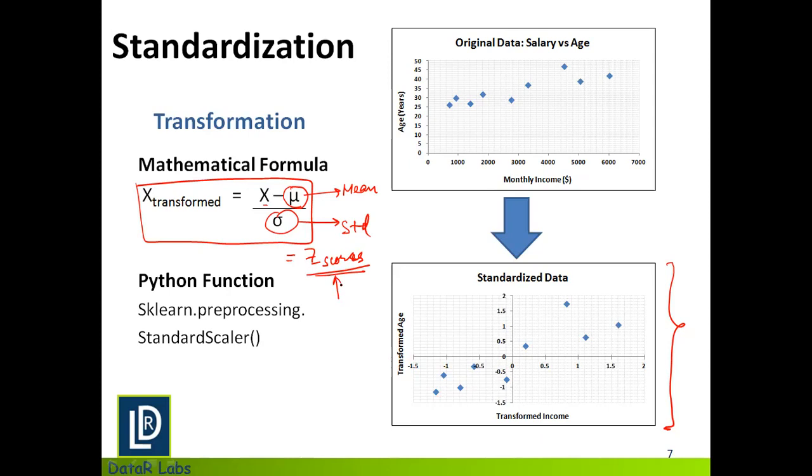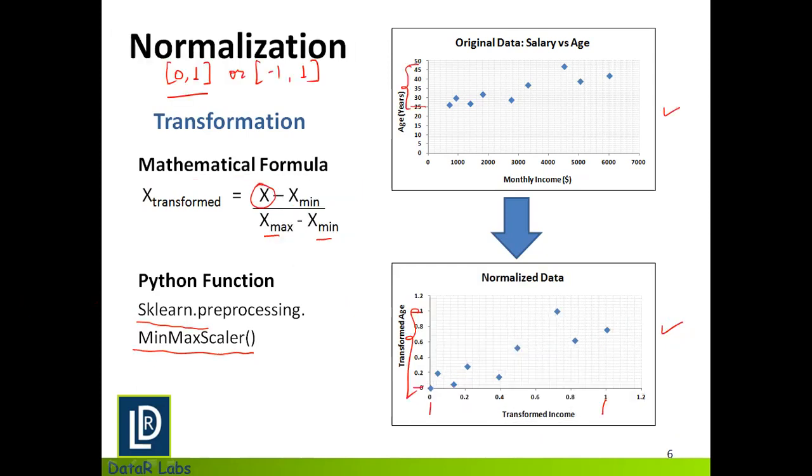The thing worth noticing here is, again, my data distribution looks exactly the same as the original data. Now, this can be implemented using a Python function, which is StandardScaler, again coming from the sklearn library.